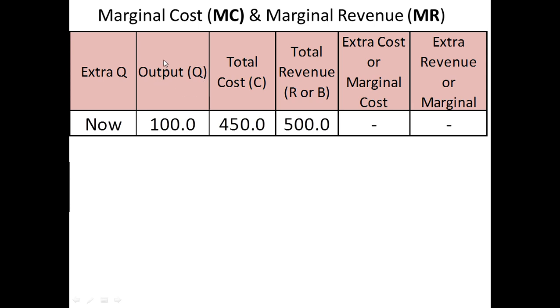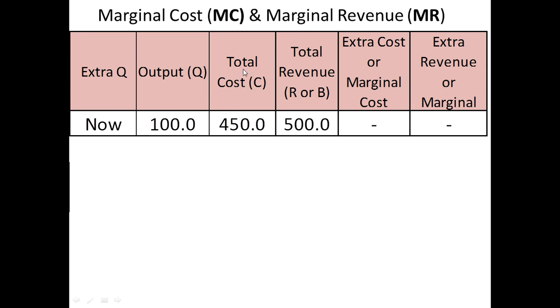I am a producer, I produce and get output. In order to produce output, I need to pay. For example, if I now produce 100 units of output, in order to get 100 units in my warehouse, shop or factory for selling, I pay all costs together, 450.